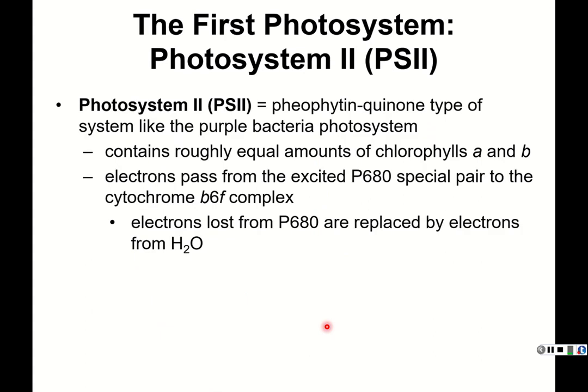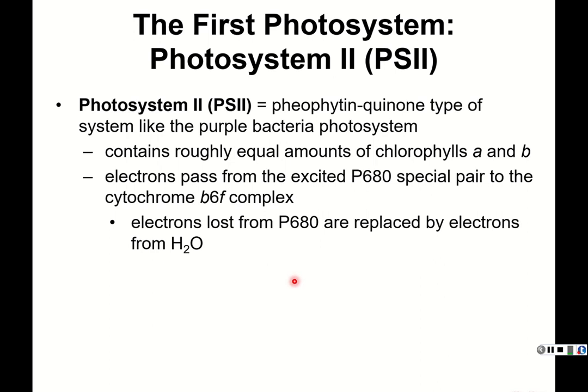Okay, so the first photosystem that's used in this process is photosystem 2. We could describe it as a pheophytin-quinone type system, like the purple bacteria photosystem.